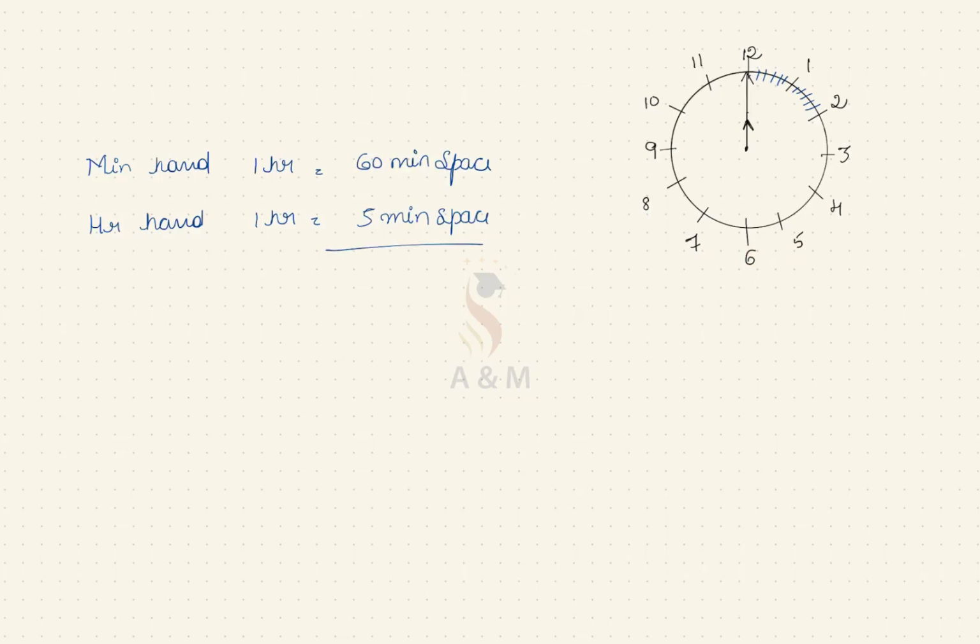Here the remaining, that is 55 minute spaces. What does it mean? It means that for every 1 hour, your minute hand gains 55 minute spaces ahead.